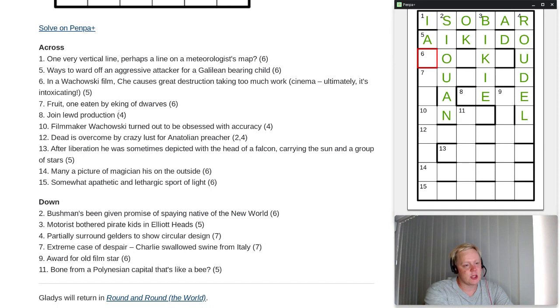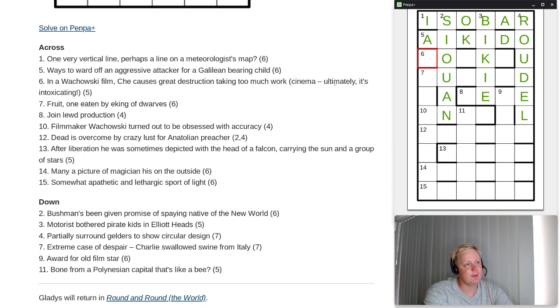If we remove this C, it could be he. So in a Wachowski film, he causes great destruction. And that is going to be a component that actually has an answer. There are people in Wachowski films that cause destruction. So he is going to be the modification we need here.